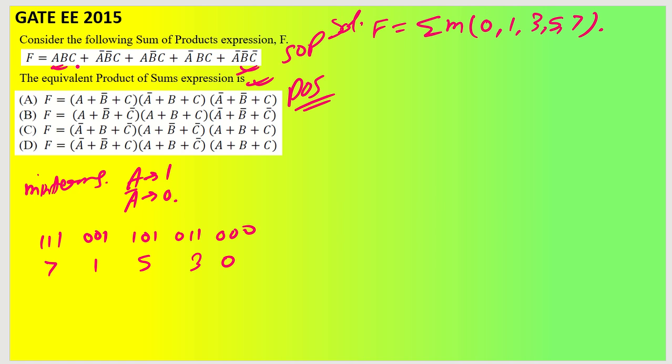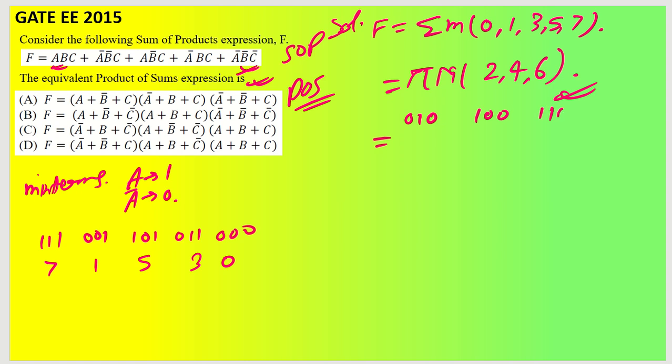So what would be my max term? It can be written as multiplication of max terms of the remaining terms, that is 0 1 2 3 4 is there, then 6. So these three terms, 2, 4 and 6, are going to be my max terms. 2 is nothing but 0 1 0, then 4 is 1 0 0, and then 6 is 1 1 0.